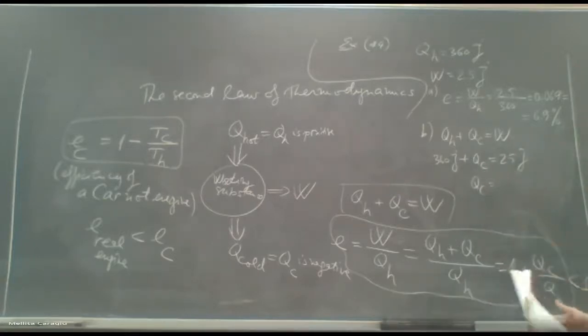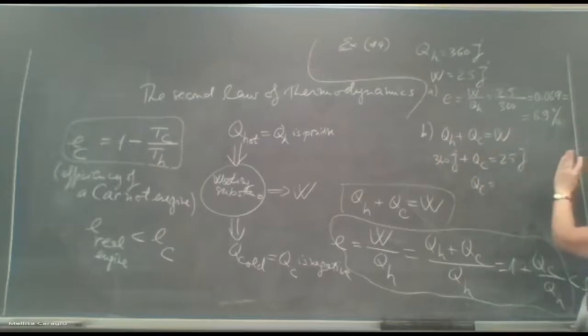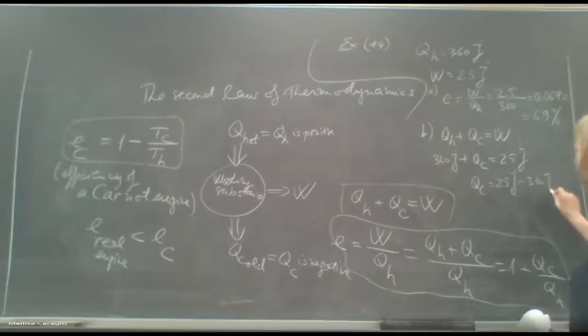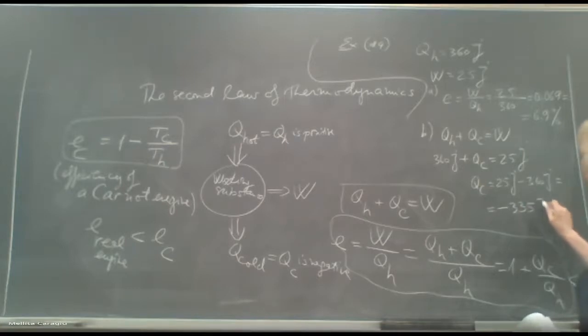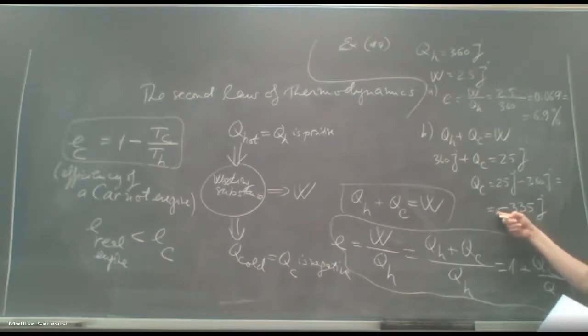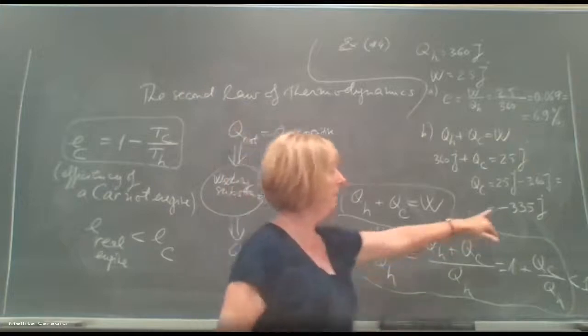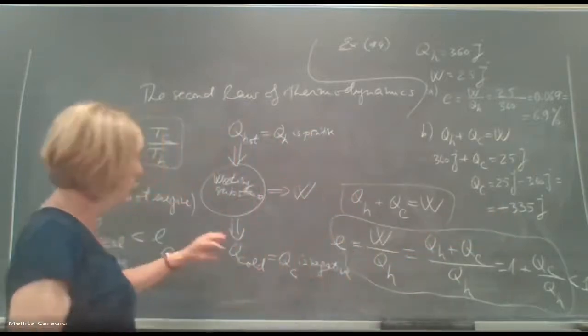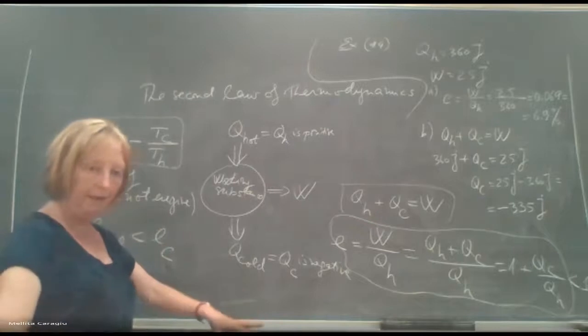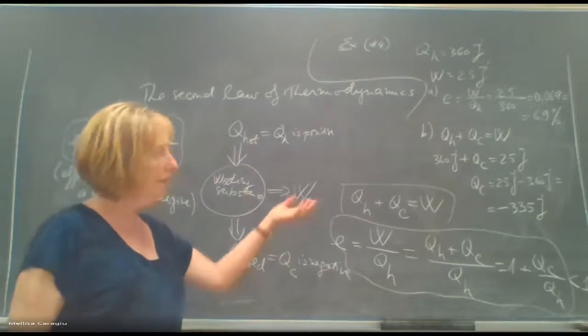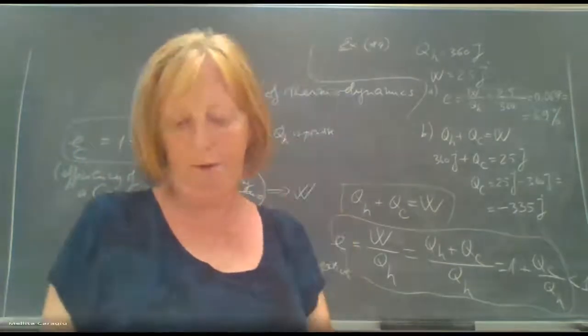Therefore, Q cold is 25 joules minus 360 joules, and this is going to be negative 335 joules. And we notice how nice that Q cold comes with a negative sign, because that's exactly how it should be. Since it is expelled and released by the gas, it has to be negative. So that's, for example, problem number 4.